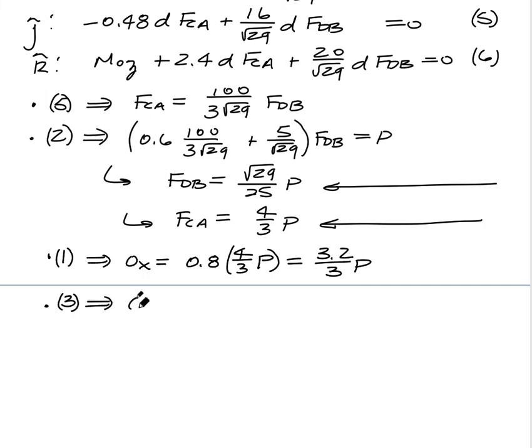So that gives me OZ equal to 4 over 25 P. Then I can go back to equation 4 and solve for MOX. I can take equation 6 then and solve for MOZ.